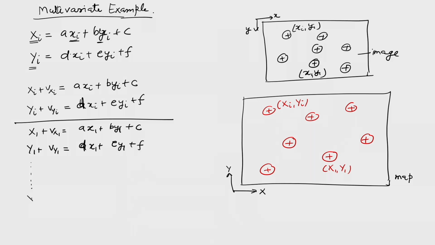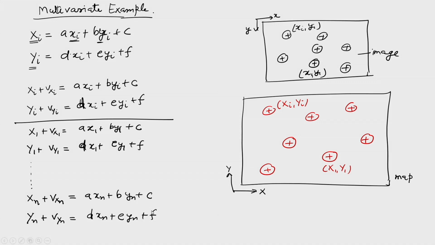I can write for n points: Xn plus vxn equals a xn plus b yn plus c, Yn plus vyn equals d xn plus e yn plus f.